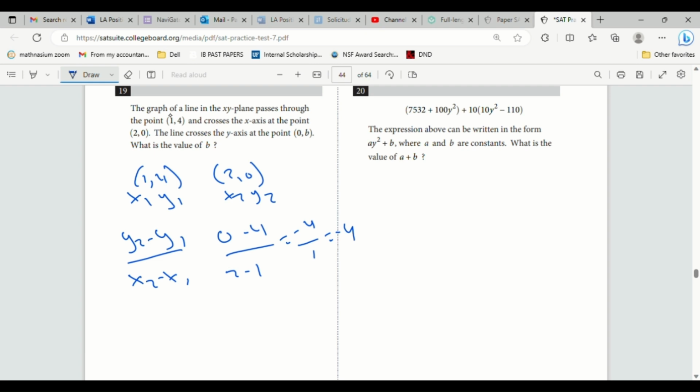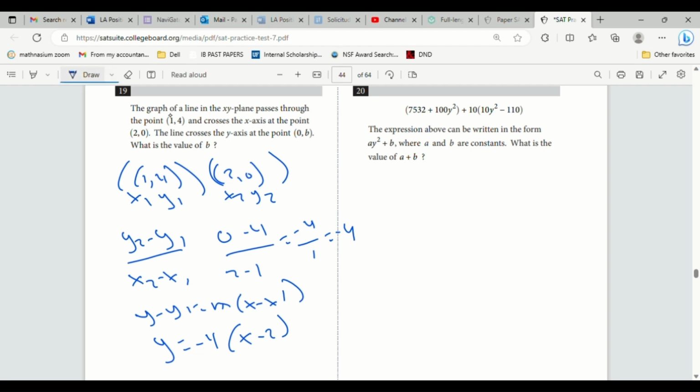Now we can use our point slope form. Y minus y1 equals slope times x minus x1. So y minus y1, we can use either the 1, 4 point or the 2, 0 point. I'm going to use the 2, 0 point because it's easier. So y minus 0 is just 0. So y equals the slope, negative 4, times x minus 2.